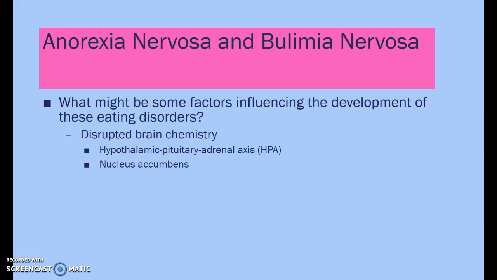It can be rewarding. Even the purging might be rewarding too, because then they feel better. They don't feel guilty over the binge. So in some of these ways, bulimia is kind of like a drug addiction, or at least it's stimulating some of the same brain areas as addictive drugs, namely the nucleus accumbens.